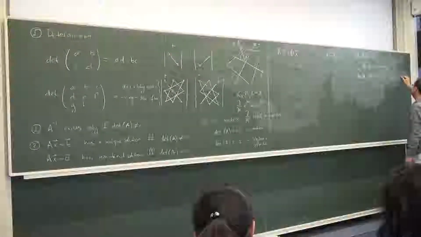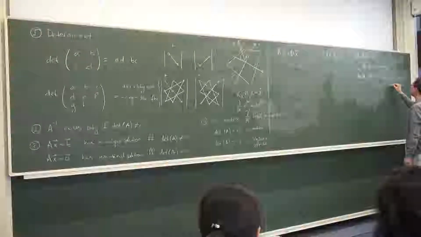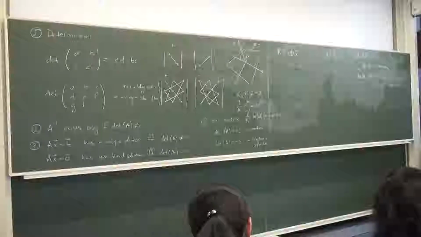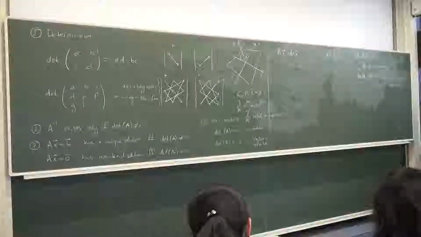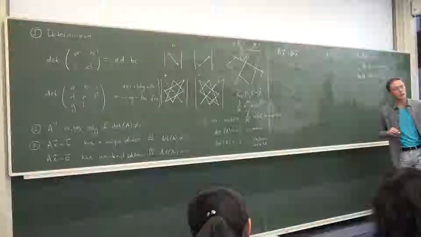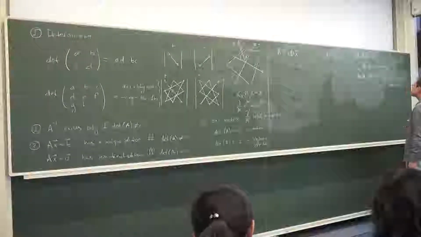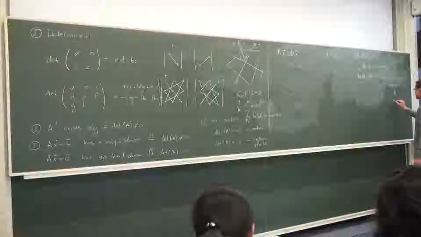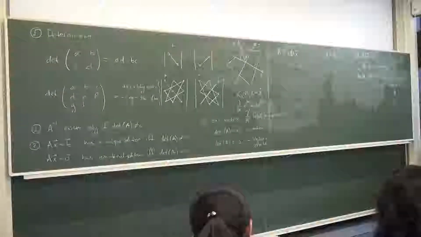So, a simple equation for lambda, which will have, in the case of 2 by 2 matrices, 2 solutions, and in the case of 3 by 3 matrices, 3 solutions. So that gives us lambda k. 3 of them or 2 of them, but we will enumerate them with k.